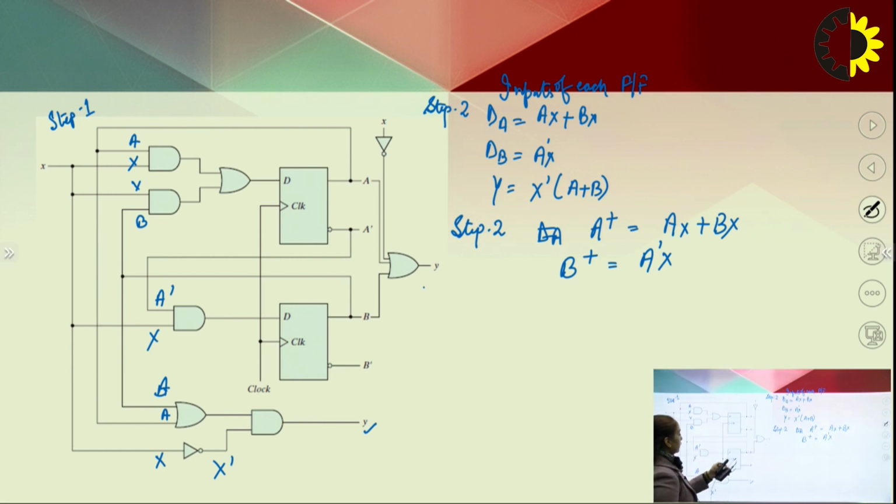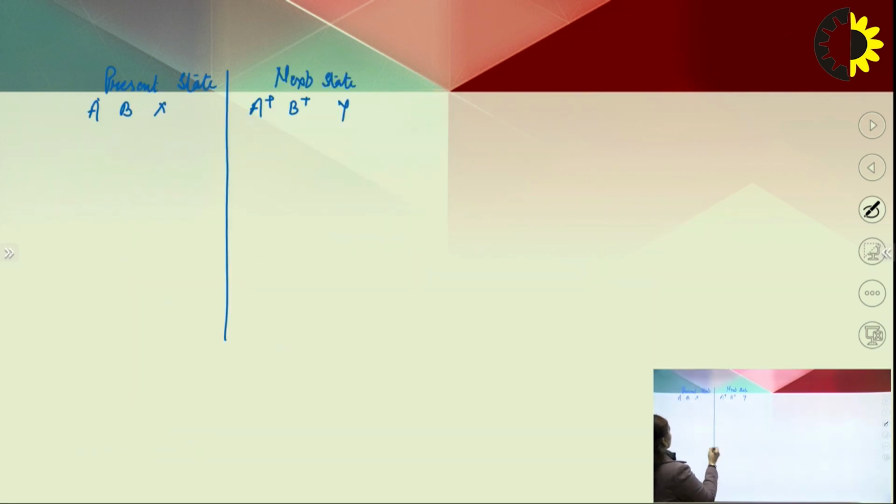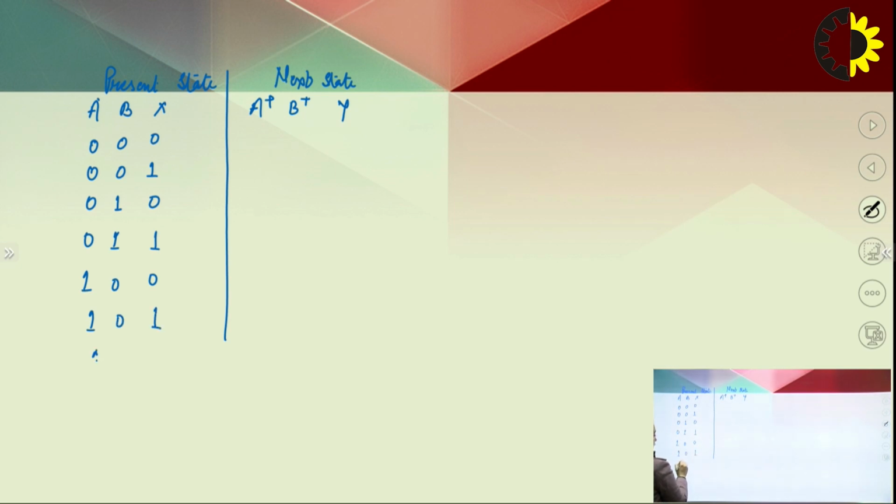Okay, we have the DA, zero zero zero 0 0 1 0 1 0 0 1 1 1 0 0 1 0 1 1 1 0 and 1 1 1, right?